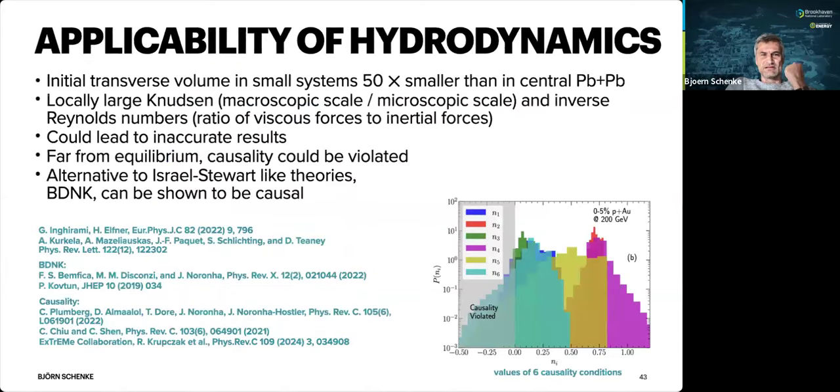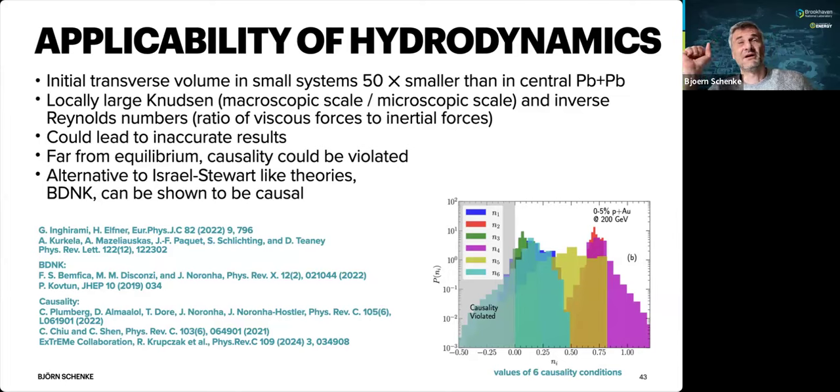I will skip over this in the interest of time and just go to questions about the applicability of hydrodynamics, right? There's been lots of work done, mostly by other people in the field, worried about what happens in systems that are essentially 50 times smaller in volume than my central lead-lead collisions. I might have locally large Knudsen numbers, which is a number that reflects the microscopic scale over the macroscopic scale, actually the opposite, right?